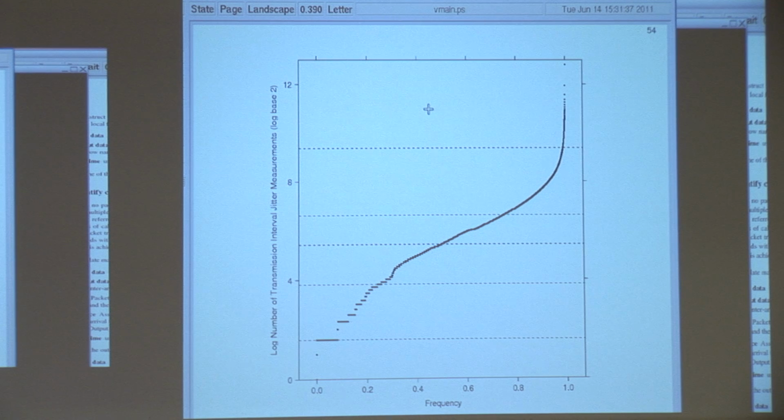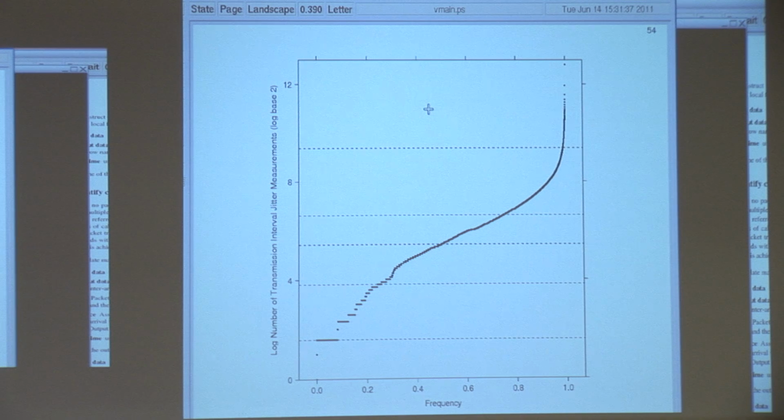How many measurements are there of jitter in each interval? This is a between subset variable that we compute because we want to start looking at the data. And we need to know something about how many jitter values there are in each interval.